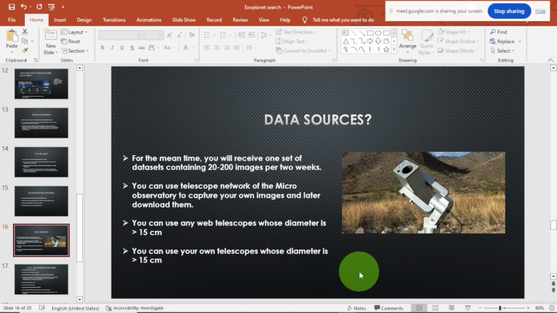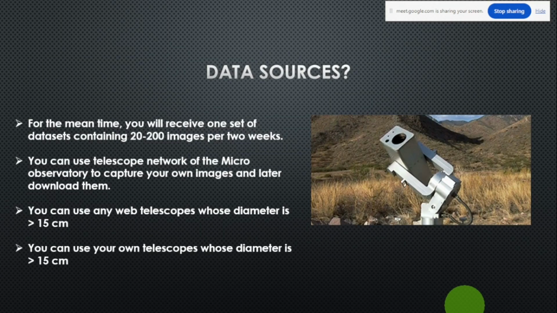In Isaac, in one image set, you have four pictures, right? Correct. But here, for one data set, you may have between 20 to 200 images. That's too much.